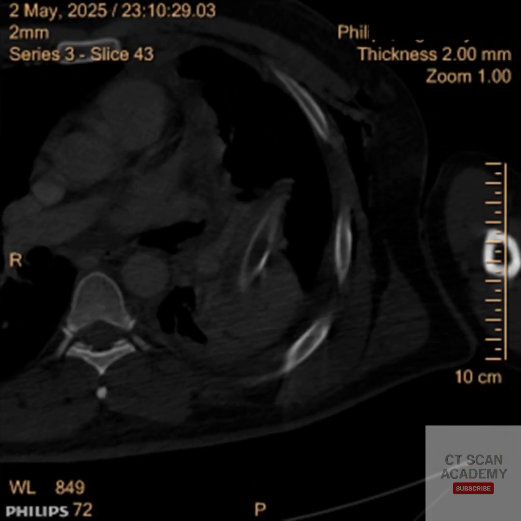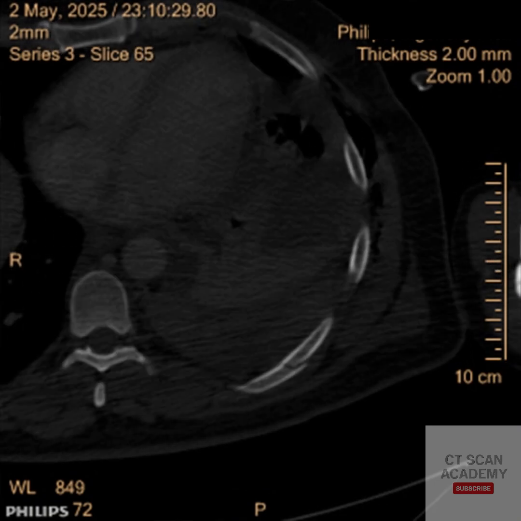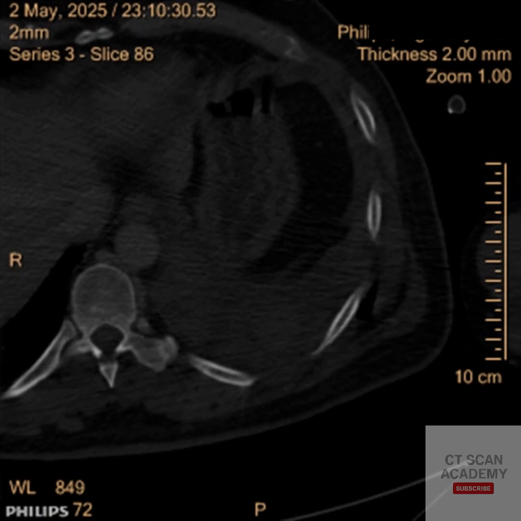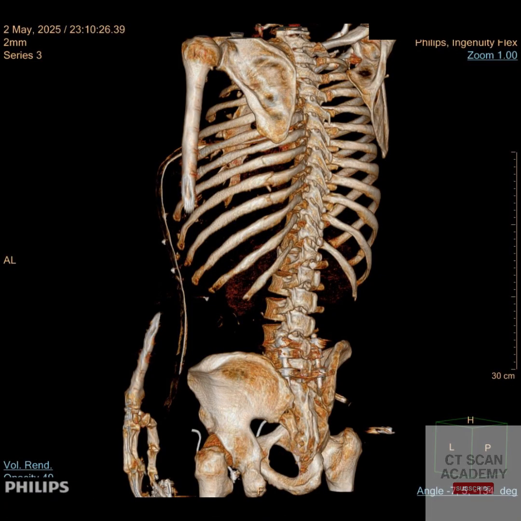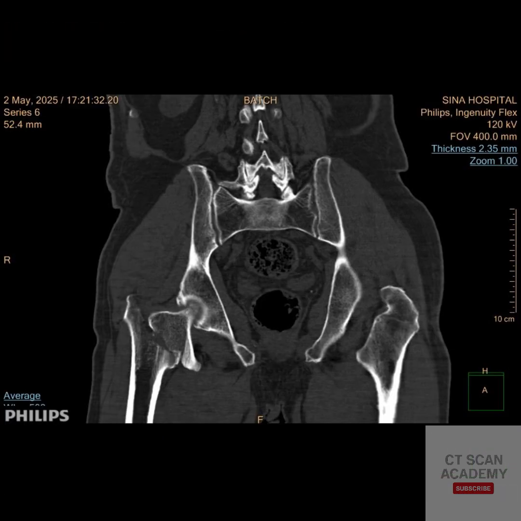Multiple rib fractures with hemothorax are noted. A chest tube has been inserted. Pelvic fracture is of the intertrochanteric complex linear type.